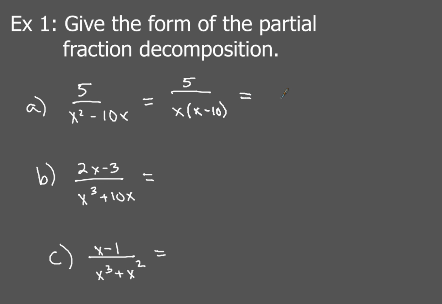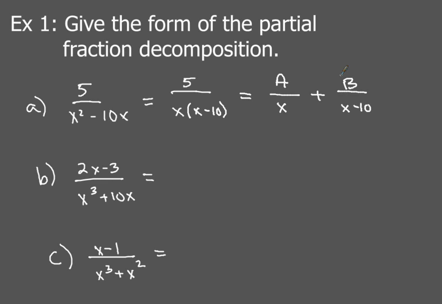Now in breaking this down, we're going to have some constant over the first term, over the x, plus some other constant over the x minus 10 piece. And that's it. Those actual constants, A and B, we'll figure out how to get to later.